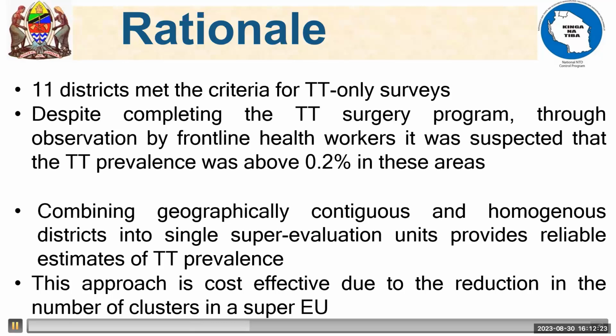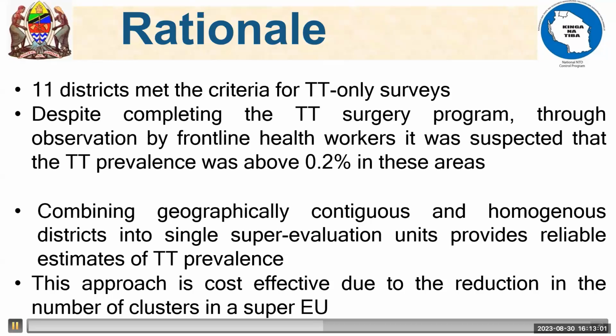Although these districts safely completed the surgery program, eliminating the TT backlog through full geographical coverage, which is now the option to show the elimination, observations from the frontline health workers raised suspicions about the TT prevalence, and probably full geographical coverage cannot be enough to explain the prevalence. These suspicions were later followed up by the program and confirmed, prompting a request for a TT-only survey to validate the prevalence.